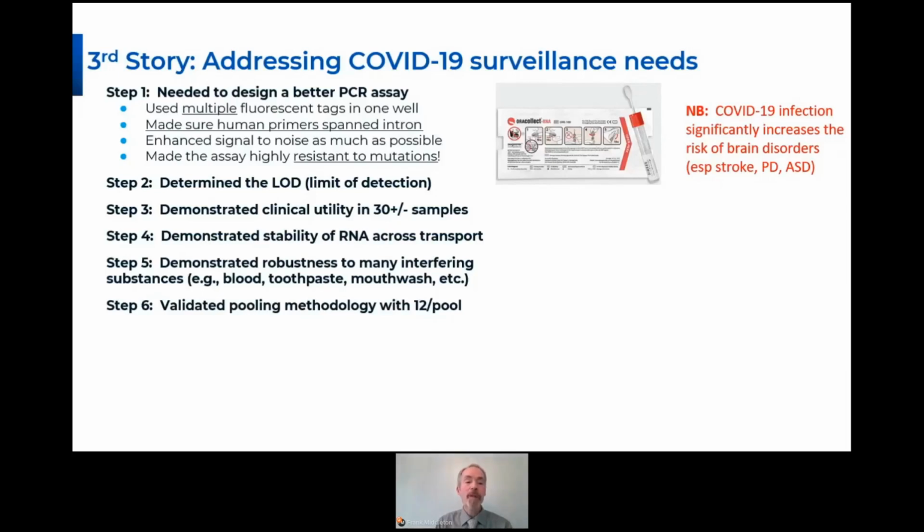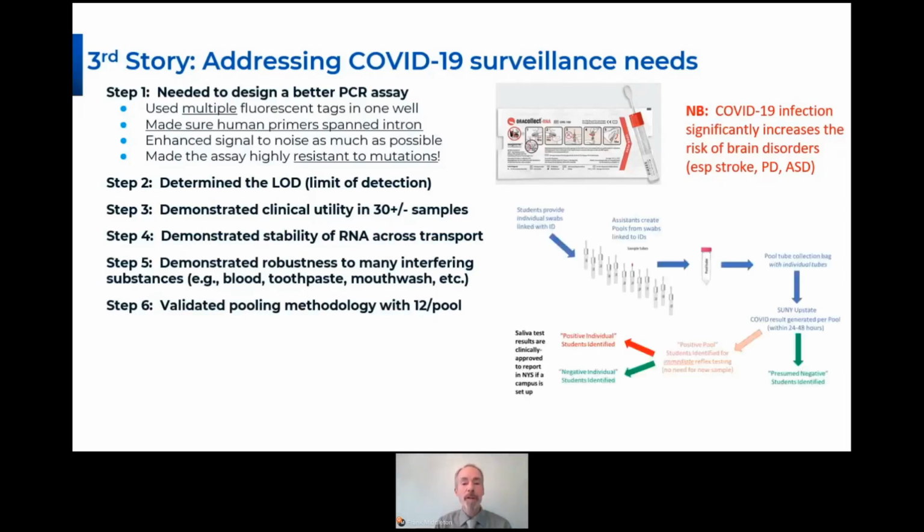Along the way, we decided to also develop a pooled testing methodology, and we achieved an FDA EUA for both the individual and the pooled testing. The pooled testing methodology is illustrated on the right of this slide. Essentially, we were able to have up to 12 subjects' swabs, the content pooled together, and then examine that one pooled sample.